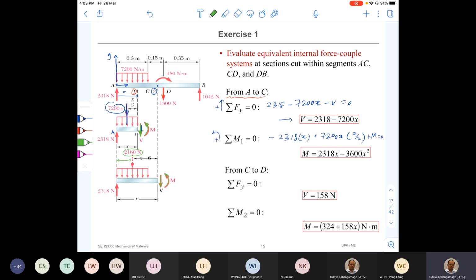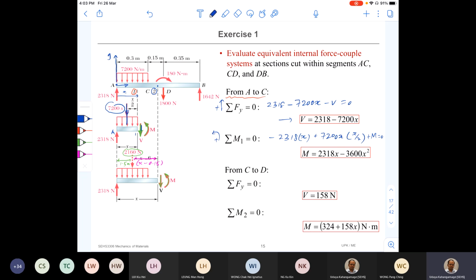So therefore, this is 0.15 meters. Okay. Therefore, this length here, this one, should be x minus 0.15. So please correct that one. X minus 0.15. Okay, now all the details are there.